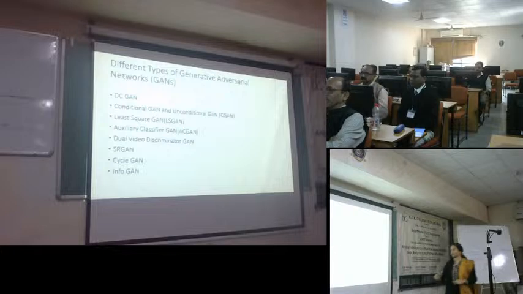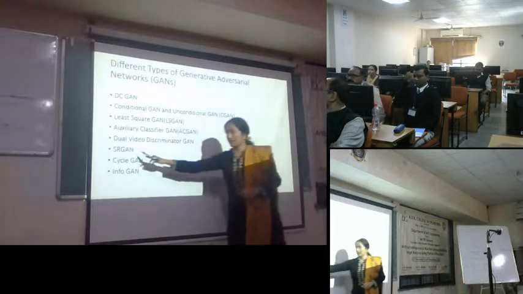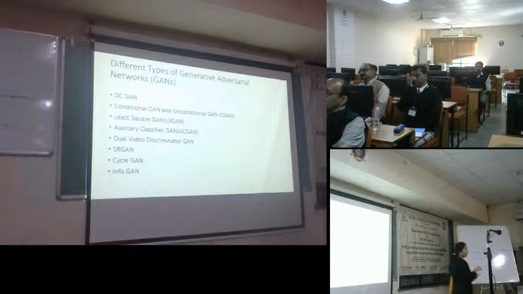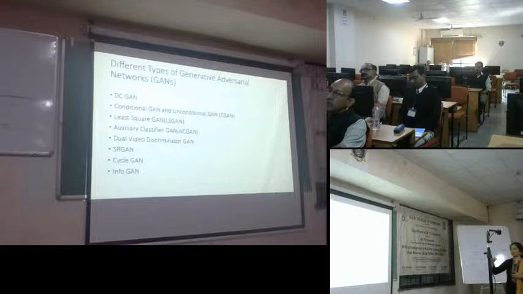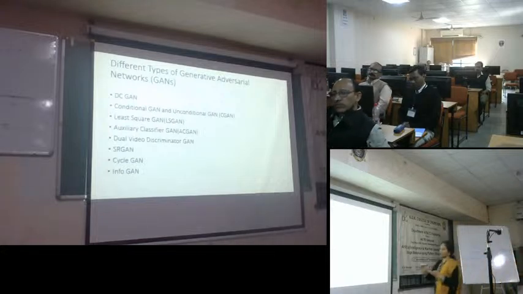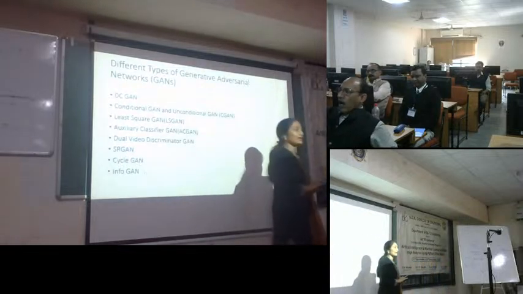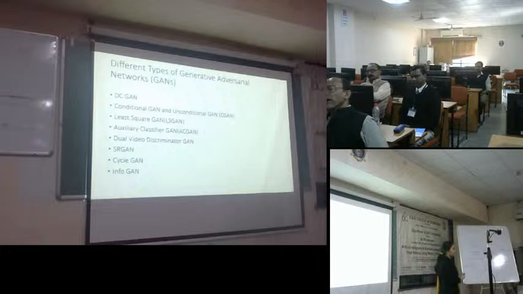Understood? Now SRGAN is nothing but my resolution focus. The application is low resolution to high resolution, so they train a pre-trained model with resolution images. Now CycleGAN. CycleGAN is nothing but transformation.